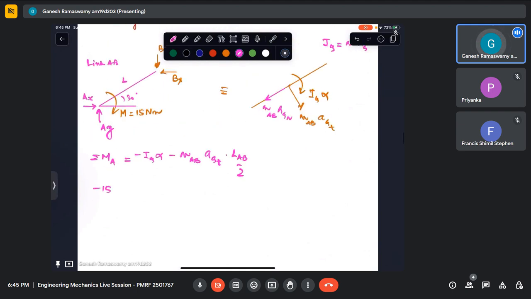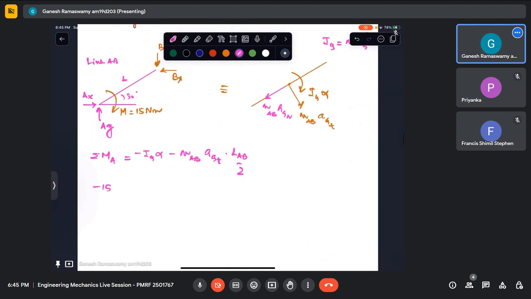So if I write moment about A, I know this is a couple which is 15, so this is minus 15, and then I have plus Bx into L sine 30, minus By into L cos 30, equals this quantity.